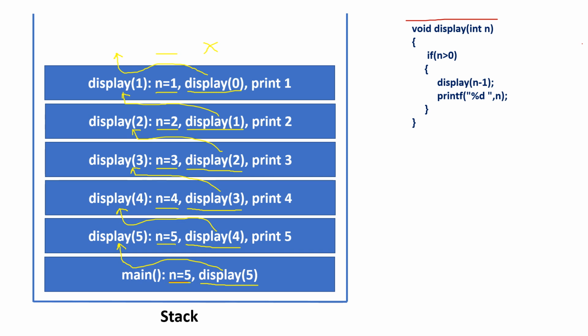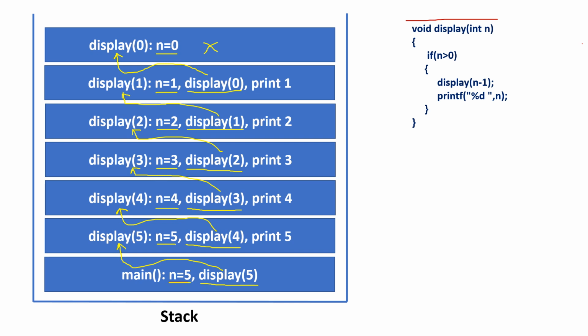Now when this function is completed, it will be removed from the stack. Then the control comes to its caller. Who is the caller of display of 0? Now this is the display of 0 function. Then who is the caller of display of 0? That is display of 1.